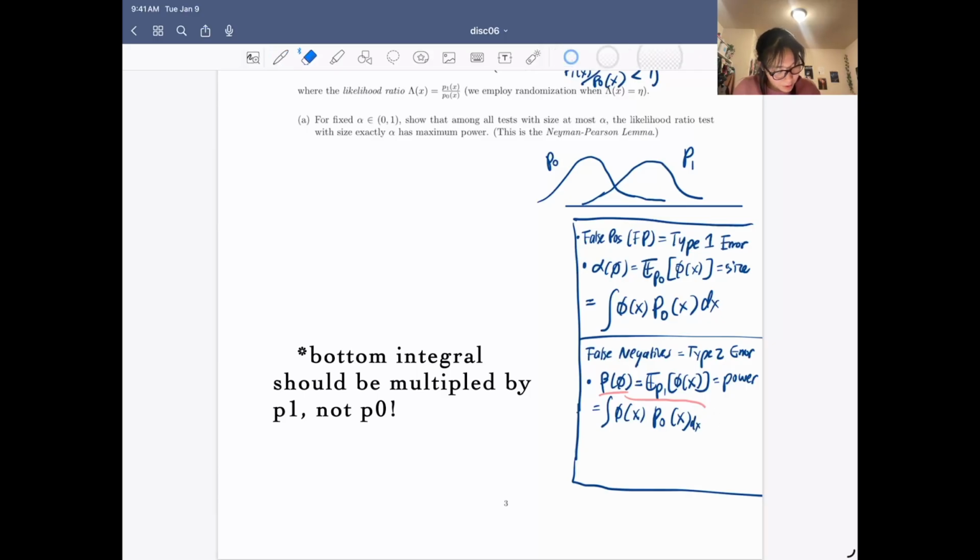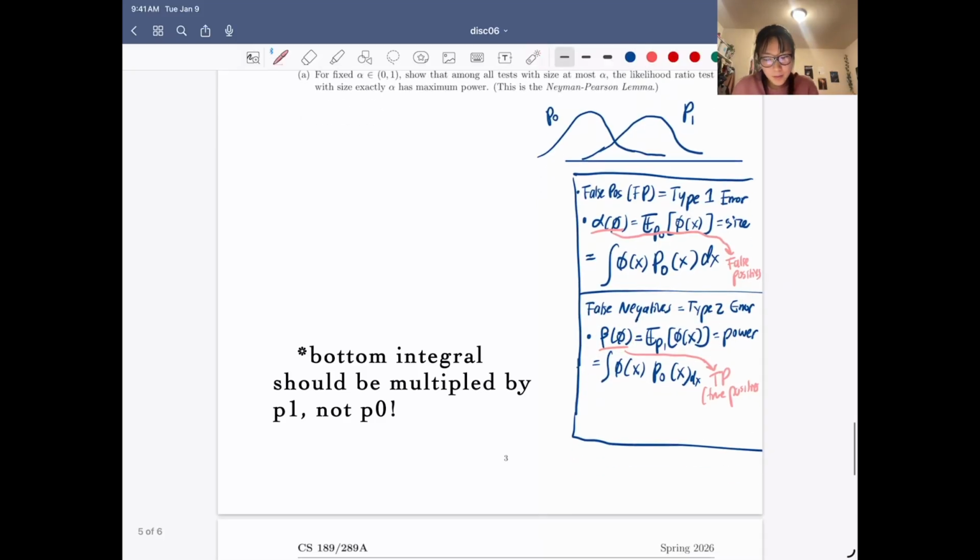But yeah, anyways, for power, it represents true positives, right? And I should say the other one actually represents false positives. So why did I put this power in the false negative or type 2 error box?